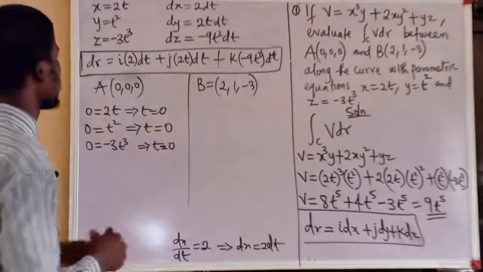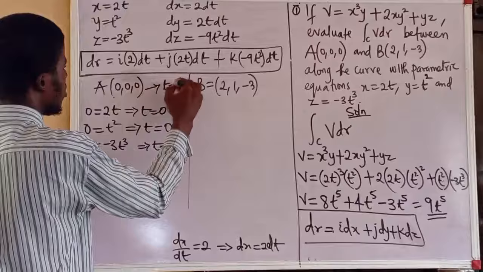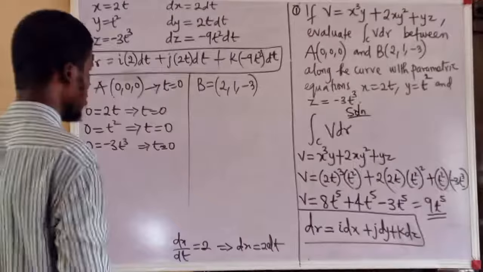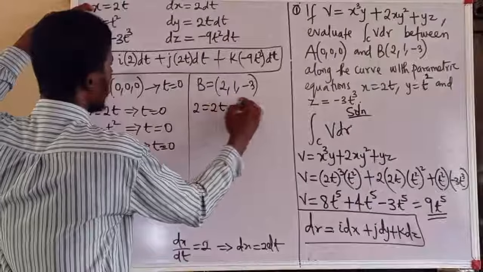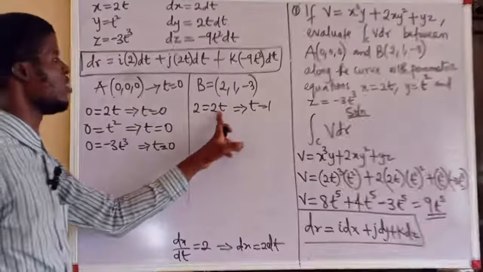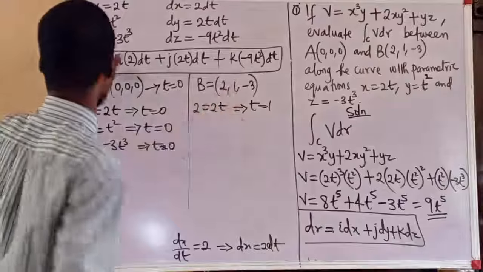So what we are saying now is that for this point, the corresponding value of t is 0. So what is it for this point B? Put 2 for x. It means that t is equal to 1 if you divide both sides by 2 to make t the subject of the formula. Put 1 for y.